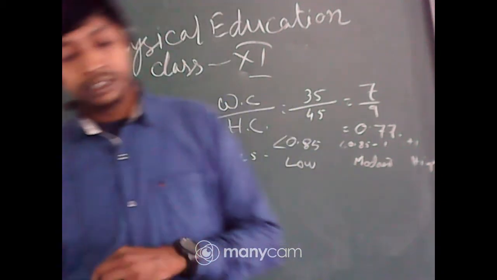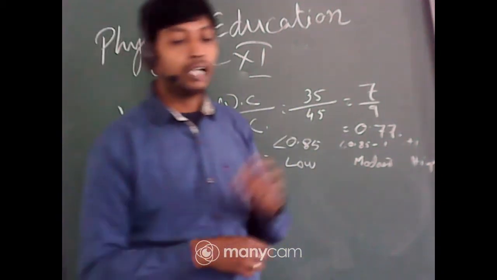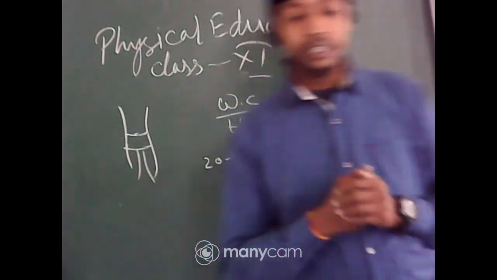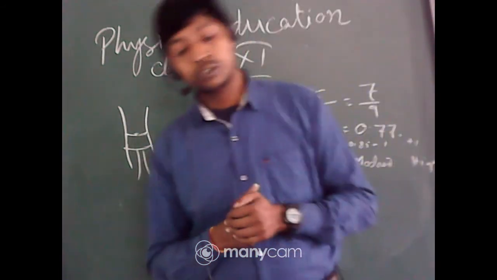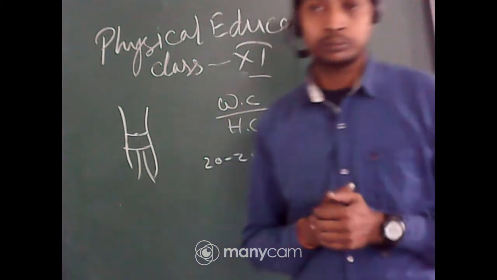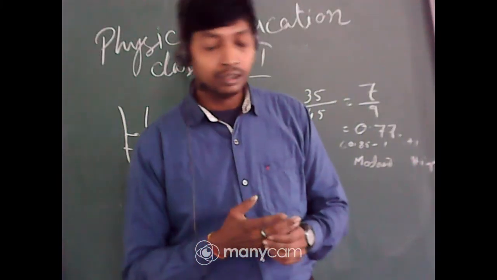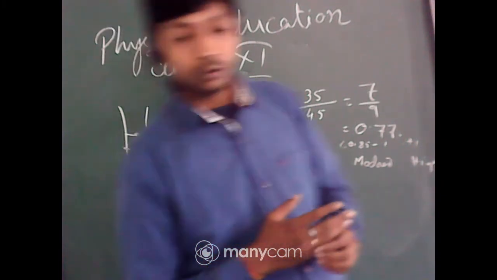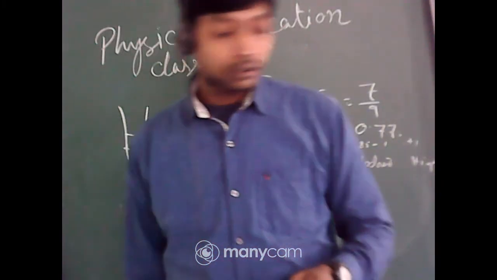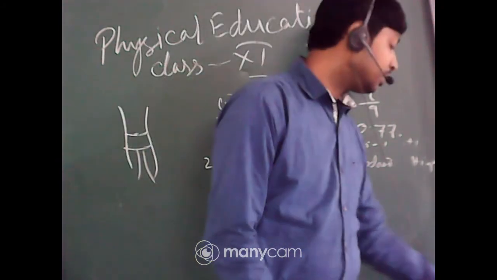In anthropometric measurement, we can measure height, weight, and the length of the long bones, that means the arms, upper and lower, and the legs, upper leg and lower leg. How do we measure height?